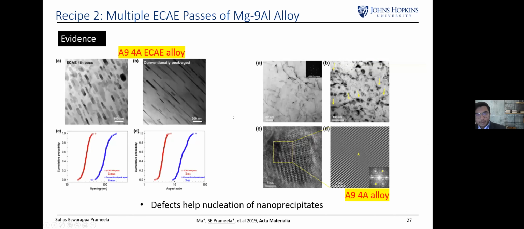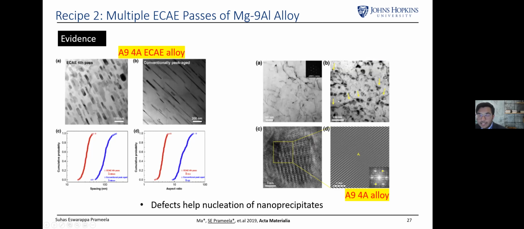But more importantly, we wanted to figure out, well, to what level were these nanoscale precipitates being produced? So this extrusion study was compared to the conventional study, and you can see that definitely there's an improvement in the spacing and the aspect ratio. So we were obviously changing the microstructure and producing some of these far from equilibrium microstructures, and really allowing nucleation kinetics to take over the microstructure evolution, right?